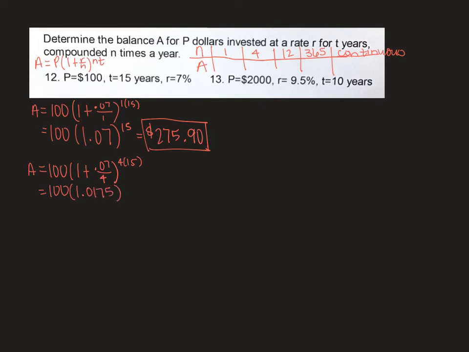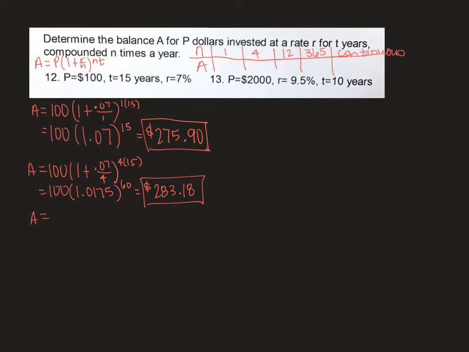That 4 times 15, we're going to raise that to the 60th power, which gives us about 2.8318. We're going to times that by 100, and we're going to be at 283.18. So 4 times a year is going to increase our total amount.